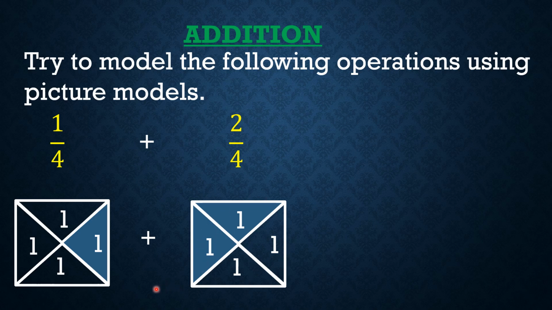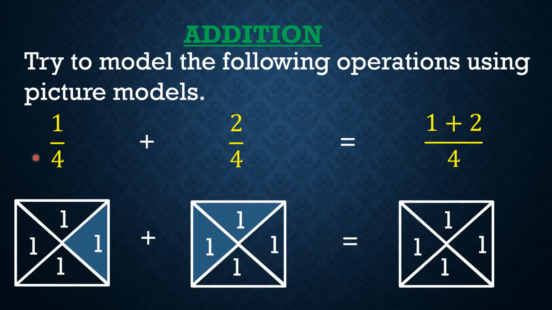What do you think is going to be the answer? This will be equal to 1 plus 2 divided by 4. By using figures, we have a 4-part figure. I'm going to combine these two figures together.